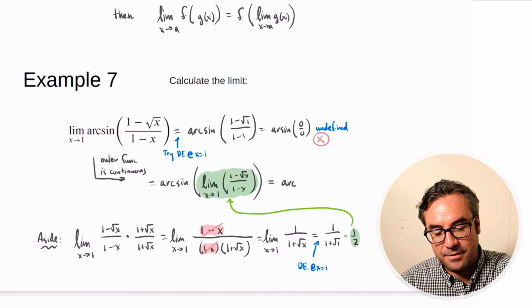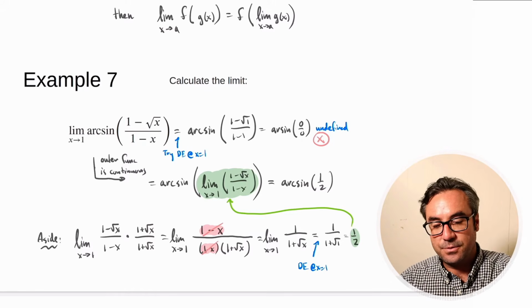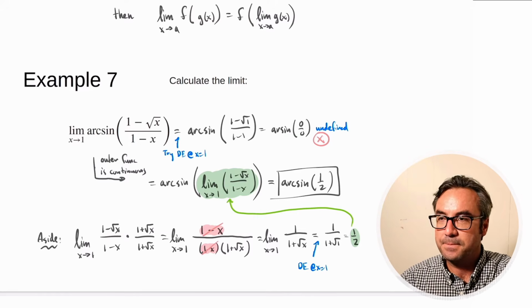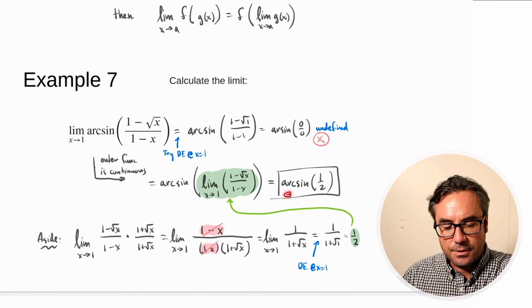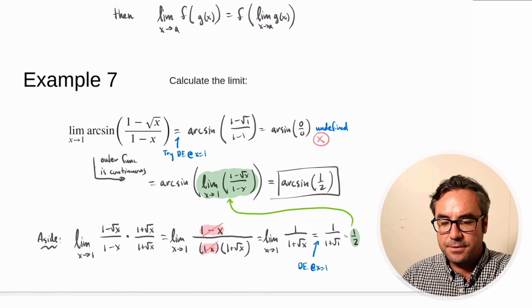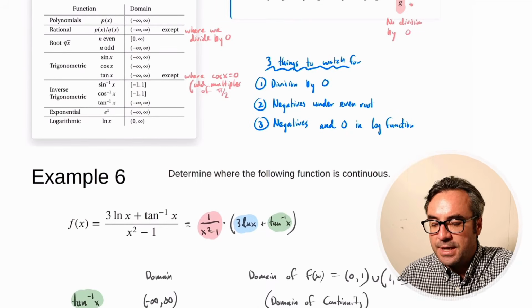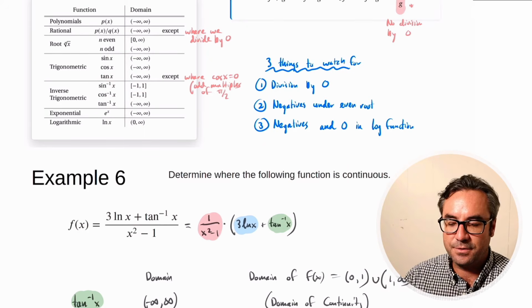And 1/2 is in the domain of arcsine, so this is our answer. And we can go back, if we want to check it out, to our table and check the domain of inverse sine. There it is, 1/2 is inside that interval.